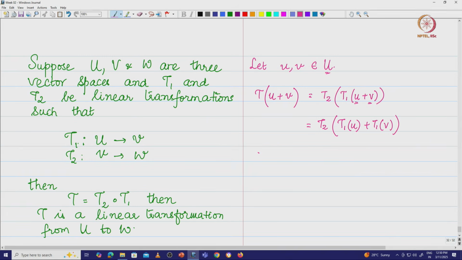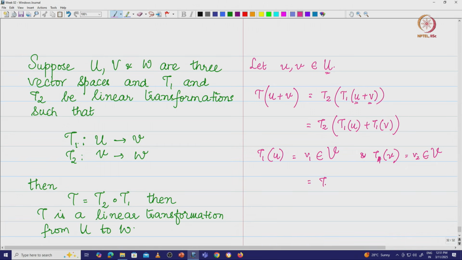So, we know that T1 of u is some vector v1 in the vector space v, and T1 of v is a vector v2 in v, because T1 maps from u to v.